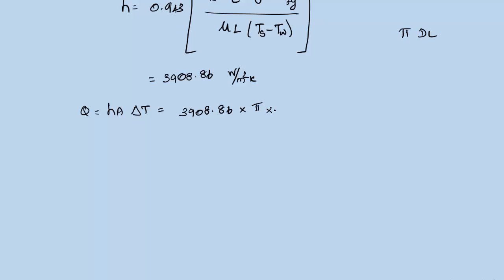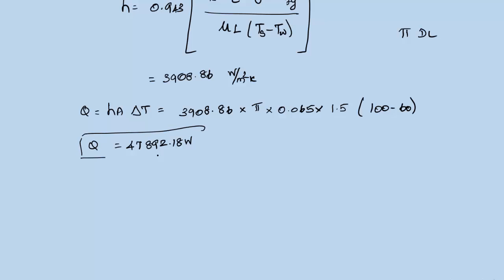So here the value of d is given as 0.065, into length of the tube 1.5 meters, into del T value, 100 minus 60 degree Celsius. So the answer will be 47892.18 watts. So this is your Q value.